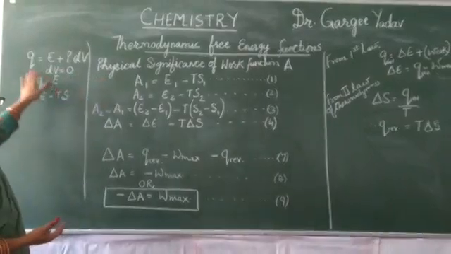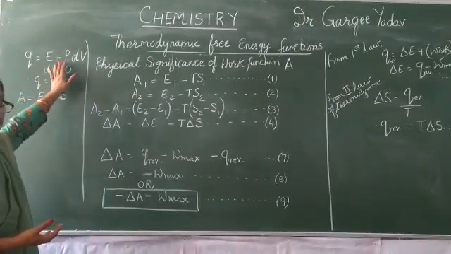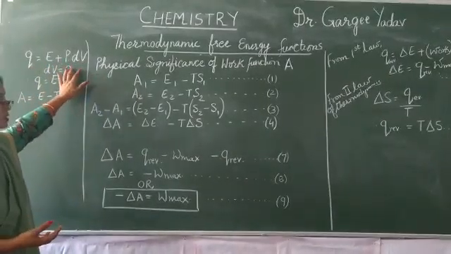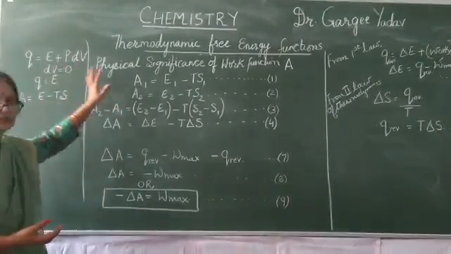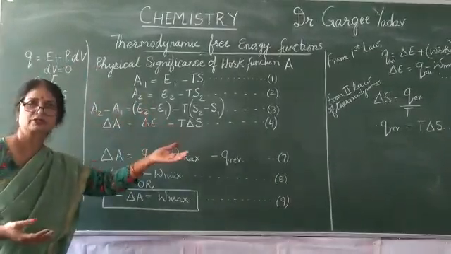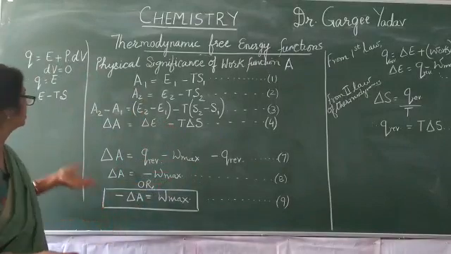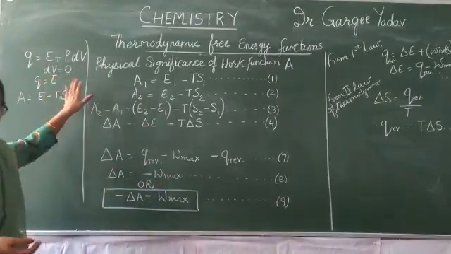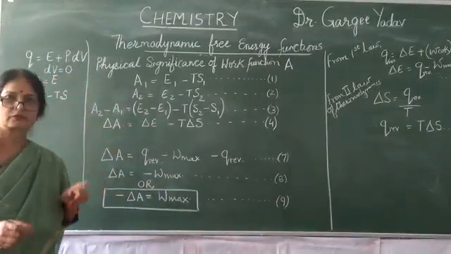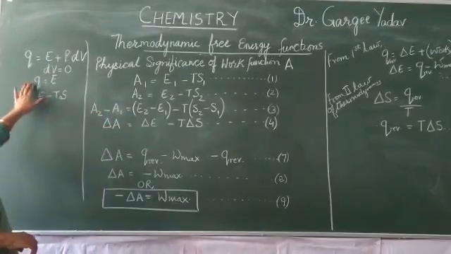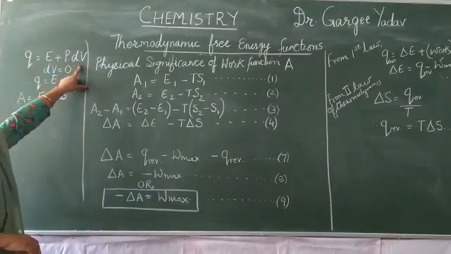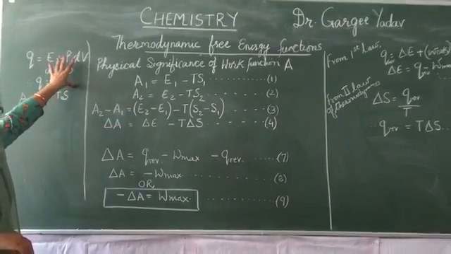You all know that Q, the heat supplied, is equal to dE plus PdV. Here dV is the change in volume, and the product of the pressure and the change in volume is the work done, as we all know. So dV is equal to 0 here because the process is isochoric. So Q is equal to E, since dV is 0, so the product of P and dV will be 0.